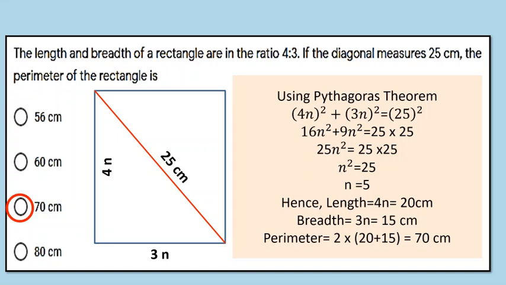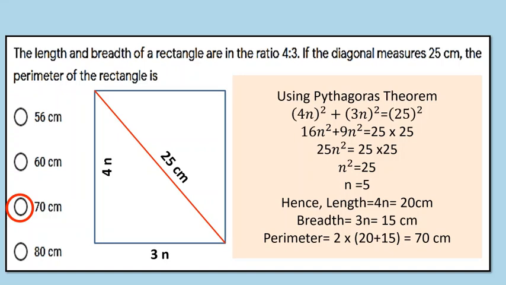Use Pythagoras theorem, 4n whole square. It is slightly challenging but not very difficult. If it is difficult, you can leave this, okay? So, 4n whole square means 4n into 4n. 3n whole square means 3n into 3n. It is not 3n into n, it is 3n into 3n.